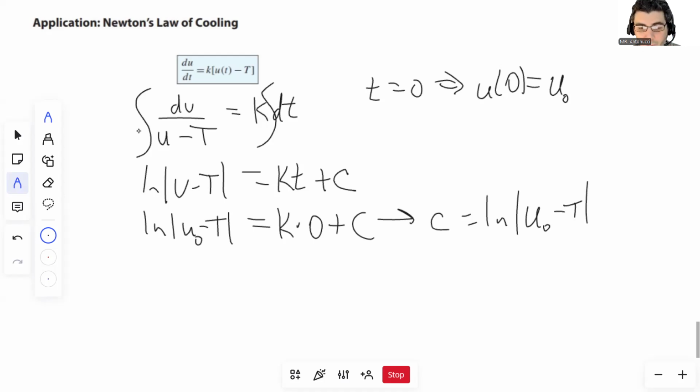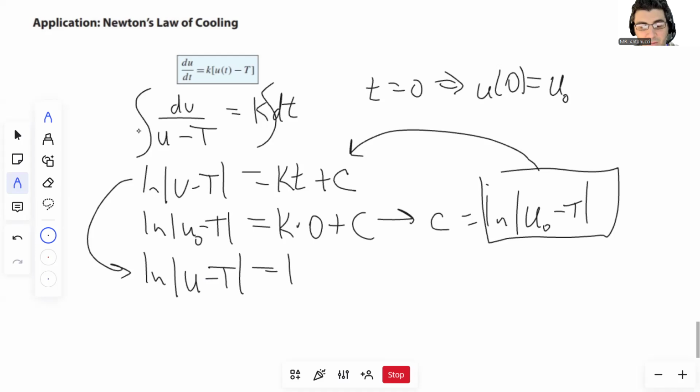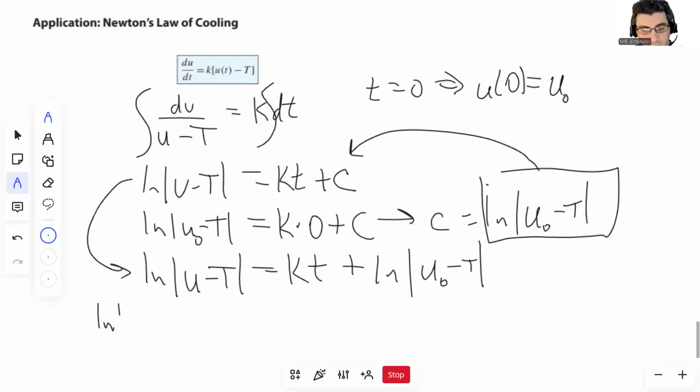If we take this expression and plug it in for C in our general solution, we have natural log absolute value of u minus T equals kt plus natural log absolute value of u(0) minus T. I can subtract the natural log on the right side to the left side: natural log absolute value of u minus T minus natural log absolute value of u naught minus T equals kt.